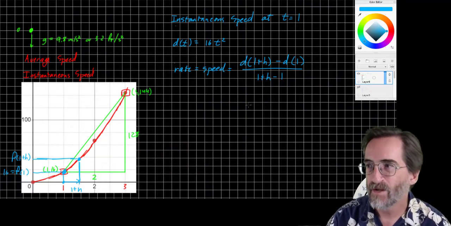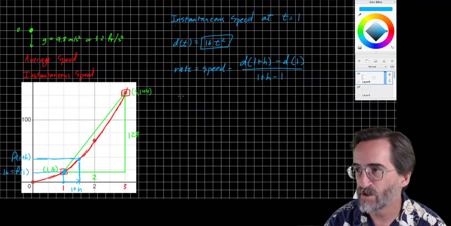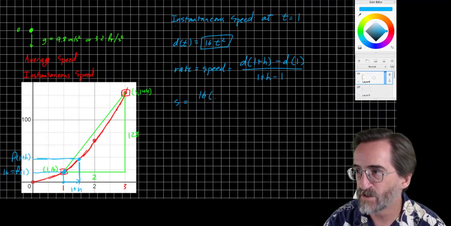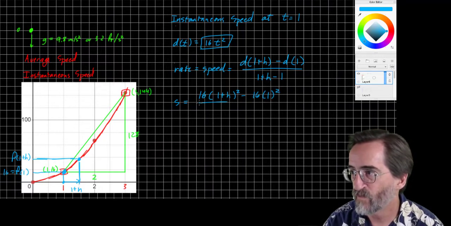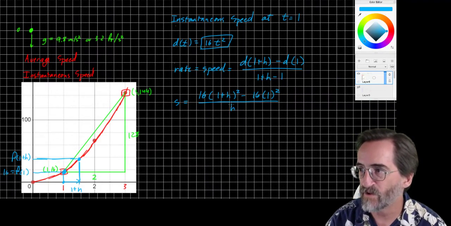Okay? And let's plug that in to our formula. Let's do a little substitution. So our speed is d of 1 plus h, so 16 times 1 plus h squared minus 16. Now you can do 16 times 1 squared if you like. All over, notice the 1's cancel out, leaving just h.